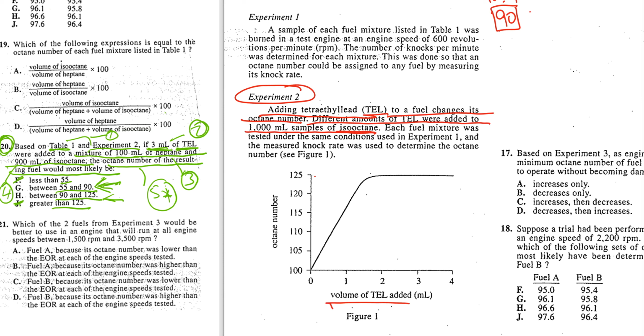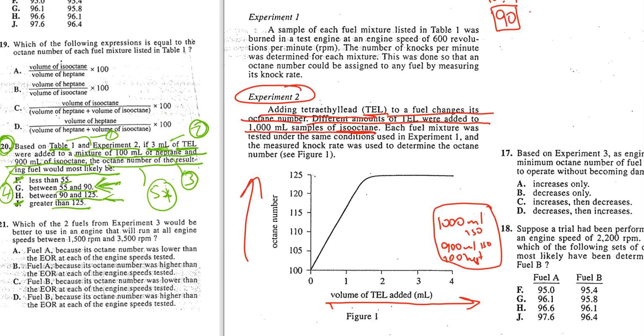This is the volume of the TEL added, and this is the octane number. And this is for 1000 milliliters of isooctane. What do we have? We've got 900 milliliters of iso and 100 of heptane. So it's going to be pretty much what this graph shows us.